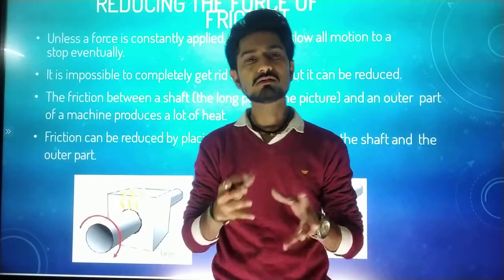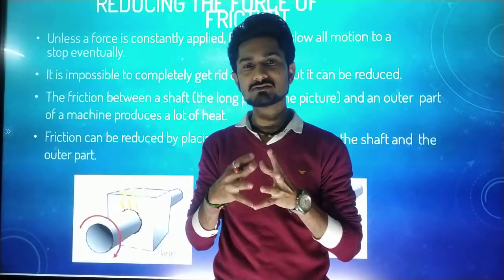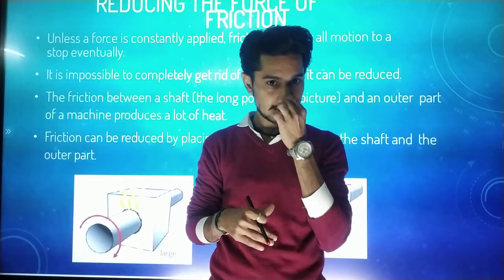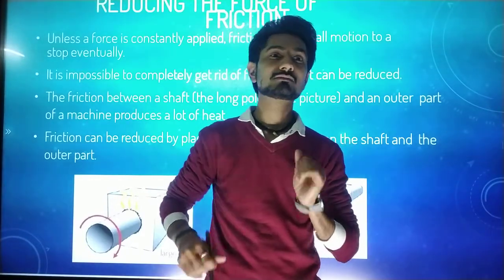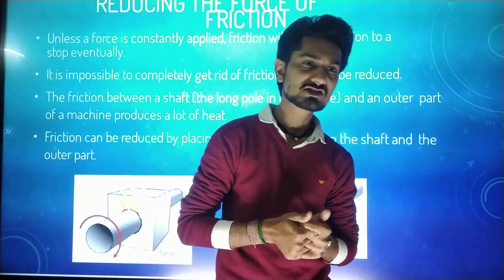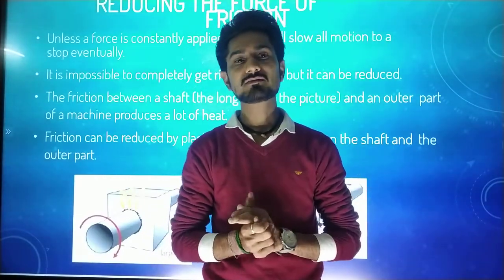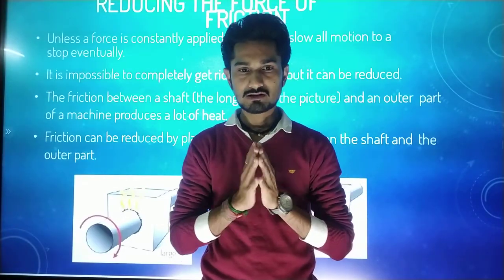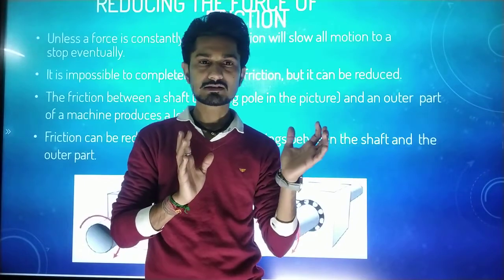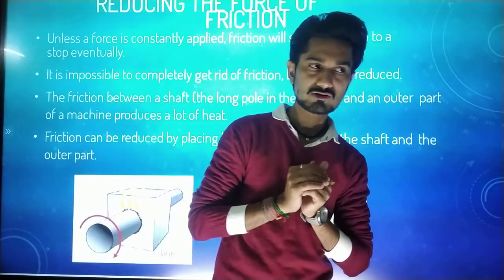So we have seen the factors which affect friction. We know that friction will arise, but we have to discuss what happens if friction is increasing. The thing we have to understand is that friction is the opposing quantity to the actual force.